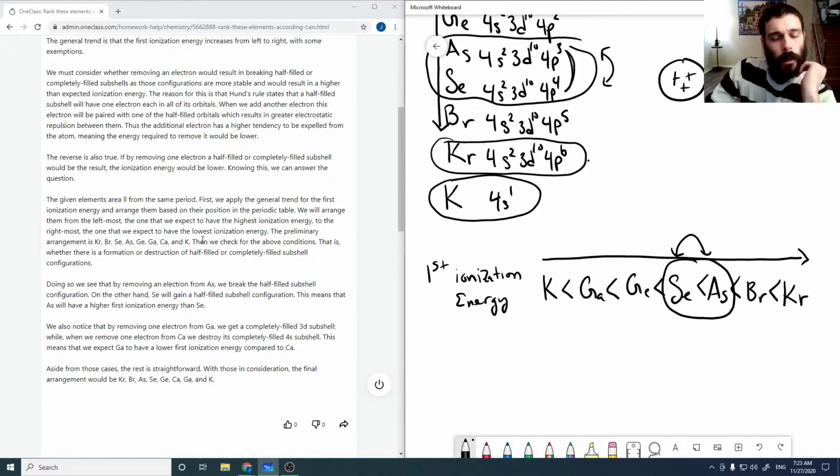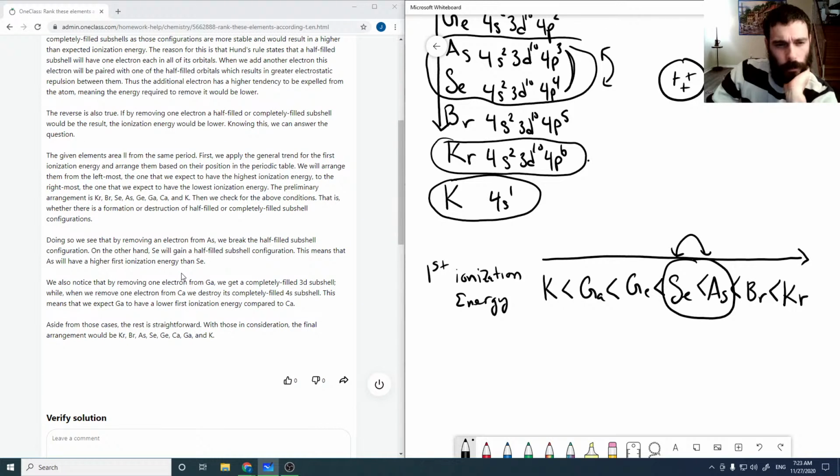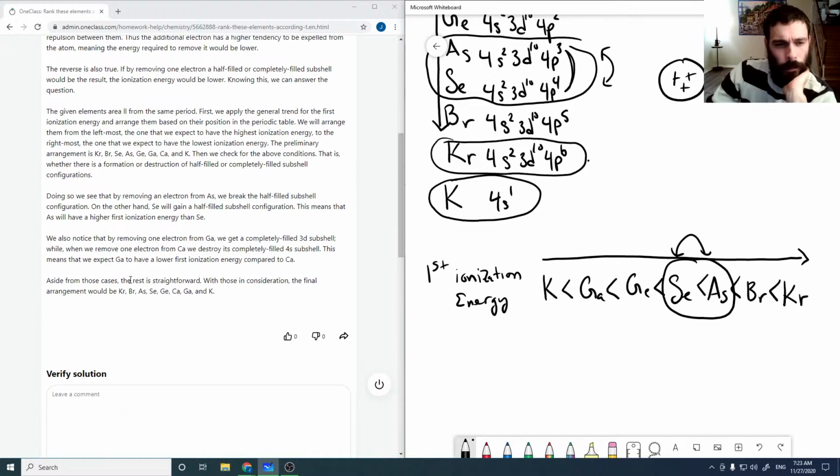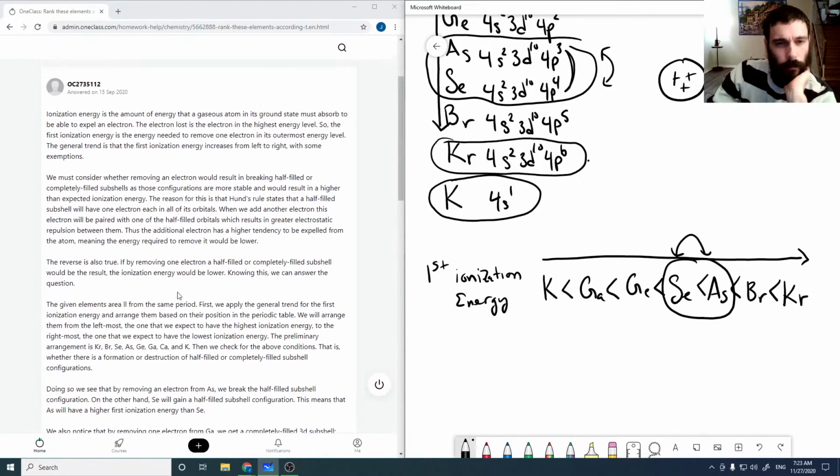Okay, so the solution here goes through a bit of what I discussed. So they're going actually from highest to lowest here, but krypton, bromine, arsenic, selenium, germanium, calcium?